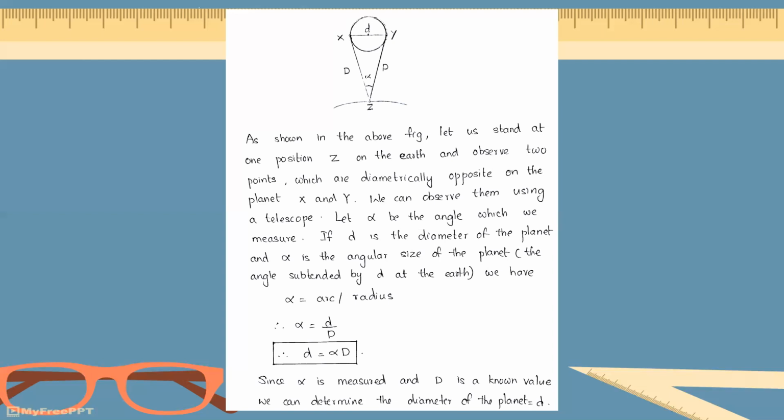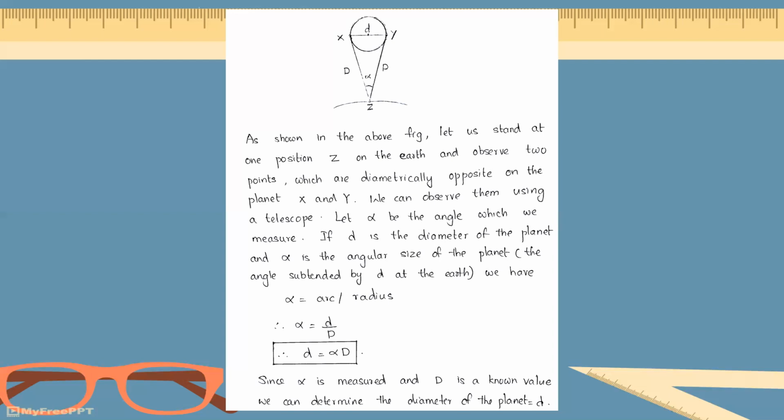Now angle xzy is equal to alpha. Then alpha is equal to arc by radius. We imagine xy as an arc and the radius is capital D, arc is small d. Therefore, alpha is equal to small d by capital D.